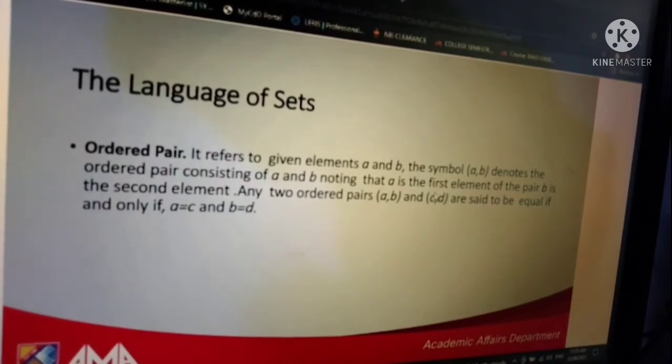Any two ordered pairs daw, (A, B) o kaya (C, D), are said to be equal kapag meron silang magkaparehas na value. Maliwanag po. Mag-i-equal siya kapag yung value ng A ay parehas ng value ng C, yung value ng B ay parehas ng value ng D. So, equal ordered pair.